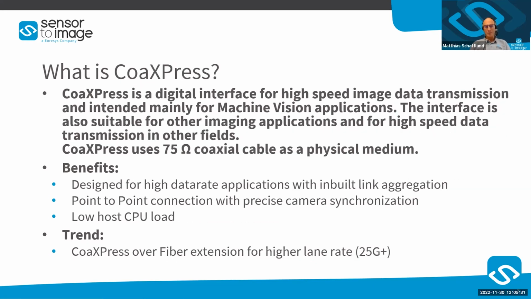Similar with CoaXPress. CoaXPress from its origin is a copper-based protocol. Here an extension exists, so it could be used over fiber as well. And this again opens the door for higher speed, higher lane rate applications with 25G or even more per cable, per connection.